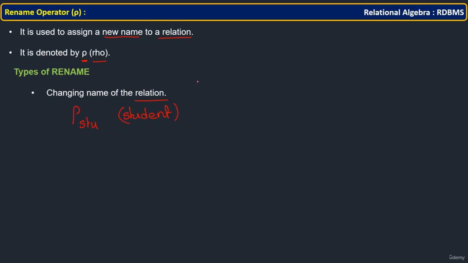The syntax we can write is: rho, new name here, and old name here, so that this new name is assigned to the old name relation. So this is one way of assigning.